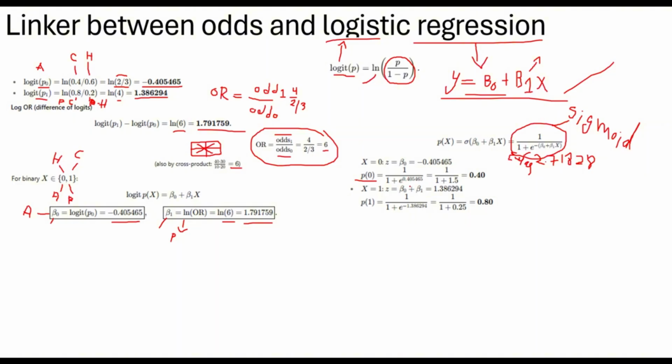But remember that e always has a minus here. So e is raised to minus beta 0 plus beta 1 x. So for now, we have to know the probability of X.